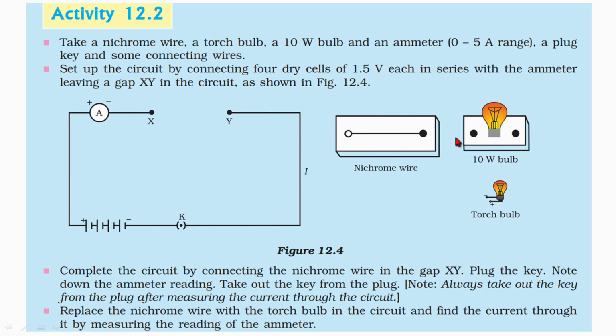When we place 10-watt bulb, the amount of current which is flowing will be much lesser because of the resistance offered by different material. So the gist of the activity is to make you understand that different material components offer different resistance.